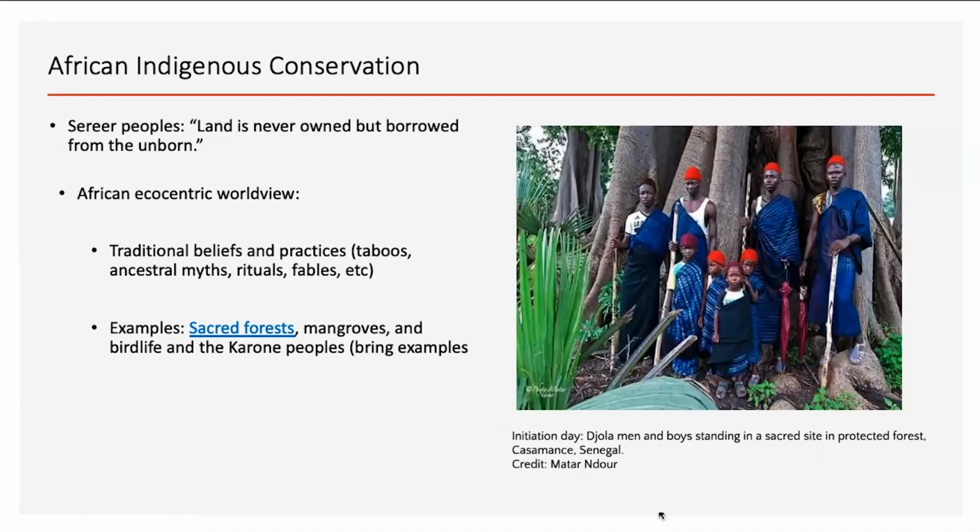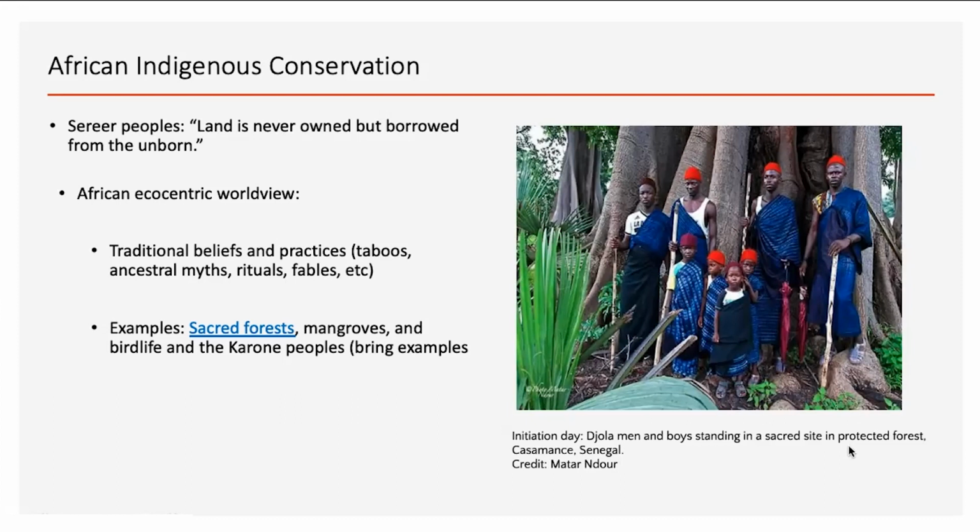And so I wanted to also give you this picture. I did not take it. All credit goes to a cultural anthropologist from Senegal, Matar Ndour. He's taken a picture of Jola men and boys standing in a sacred forest site in the protected forest of Casamance, in Senegal. Casamance is the lower region of Senegal.